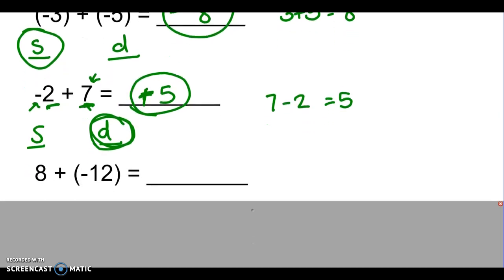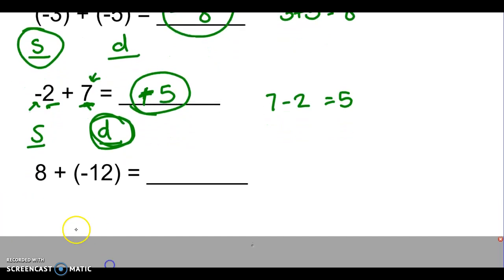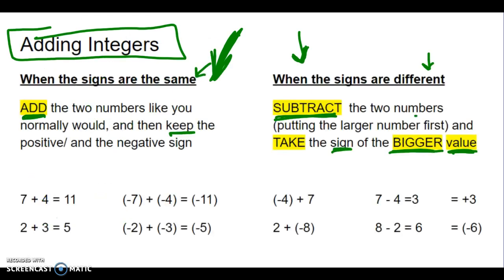Last but not least, we have 8 plus -12. We're going to ask ourselves the same question. Are the signs the same or are they different? Well, the 8 is a positive number, the 12 is a negative number, so my signs are different, which means I'm going back to my slide and looking at the signs being different. It says, again, subtract the two numbers by putting the larger number first and take the sign of the bigger value.